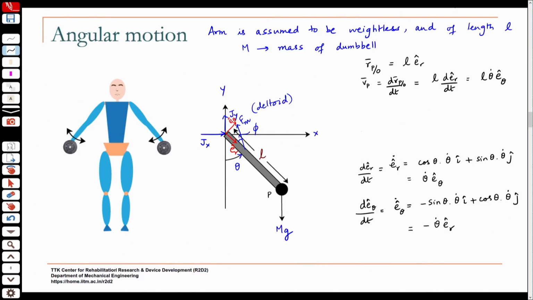So, now if I find the acceleration of P, I have to differentiate this again. L is constant, first I differentiate theta dot, I get theta double dot along E theta. Then E theta is also varying. So, I get L theta dot E theta dot.